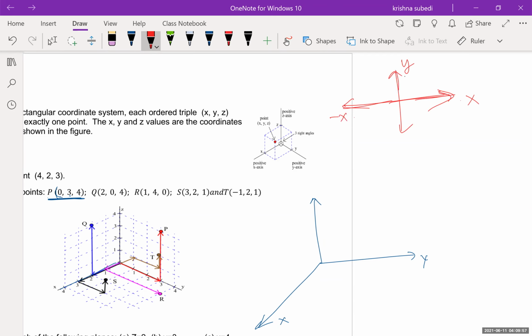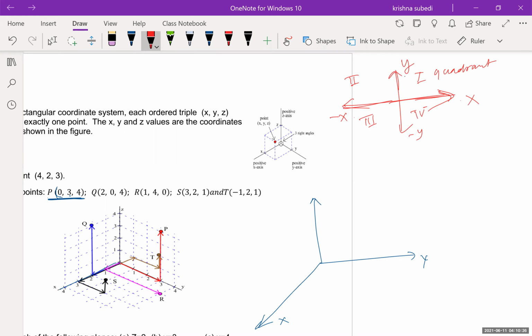Positive Y up, and then negative Y is down. We know this. And this one is called the first quadrant, which means X is positive and Y is also positive. This is called the second quadrant. This one is the third quadrant, and this one is the fourth quadrant. So there are 4 quadrants in 2 dimensions.